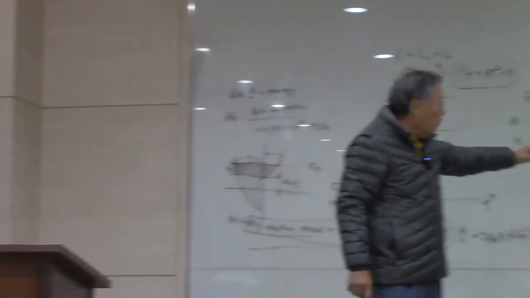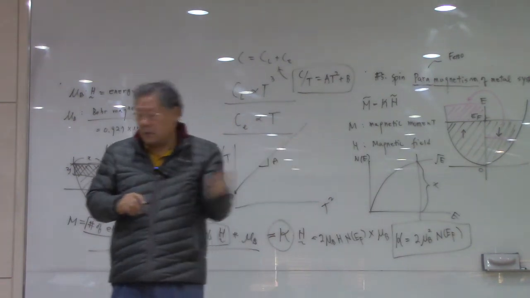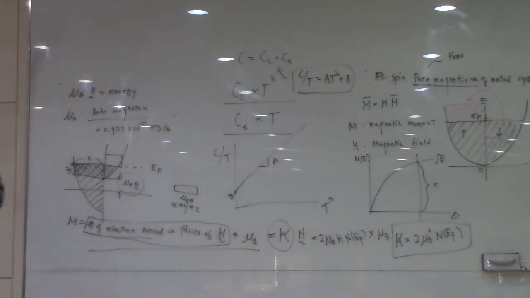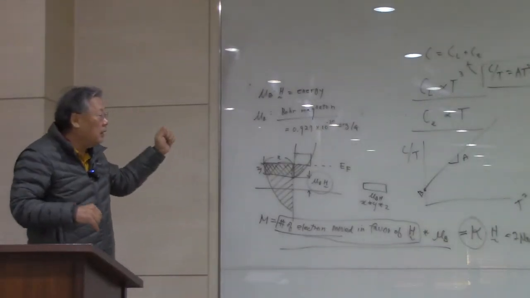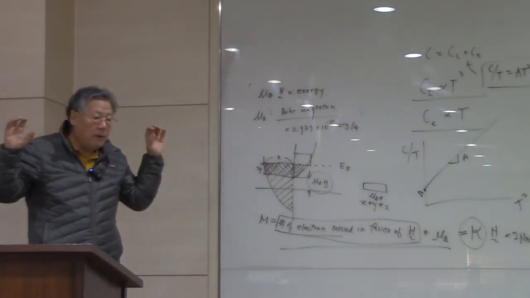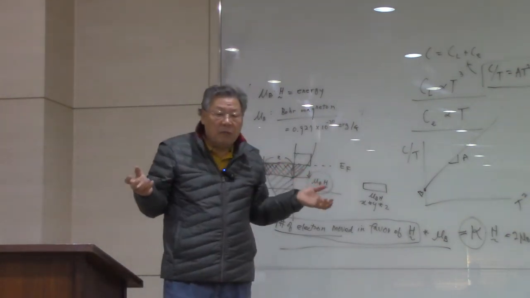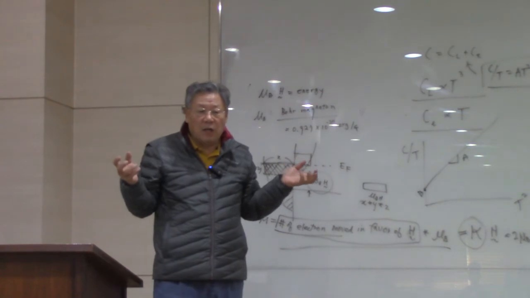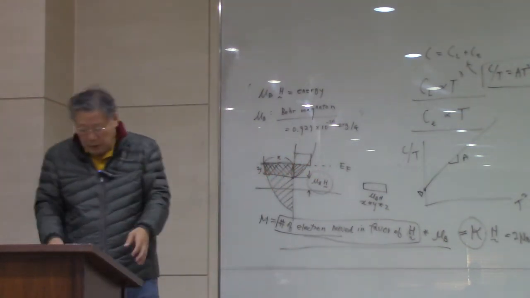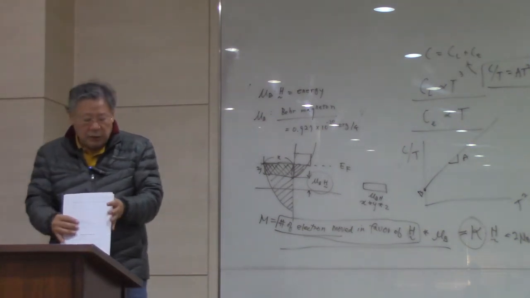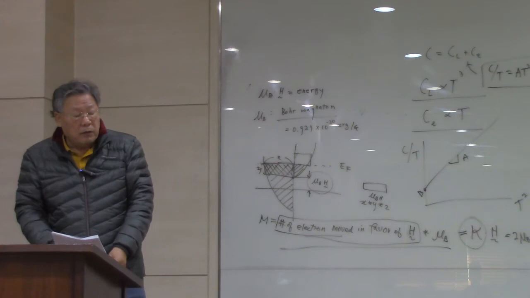But the simple model says it is independent of the temperature, and that is very important. So with the band model, free electron model, we can understand these 5 main phenomena which are really, really useful in modern industries. So we understand that phenomenon perfectly with this simple free electron model.